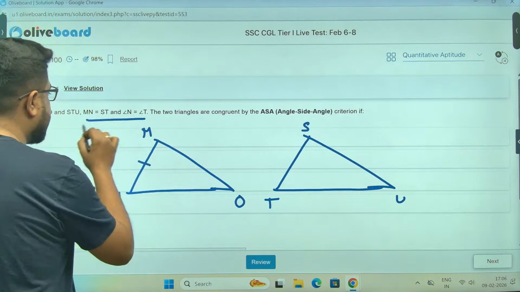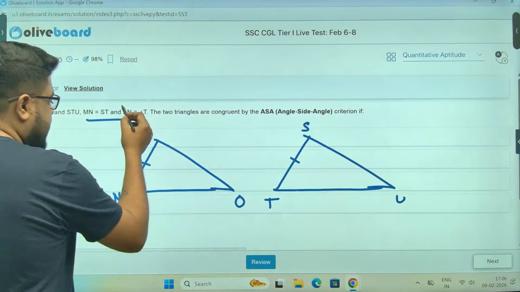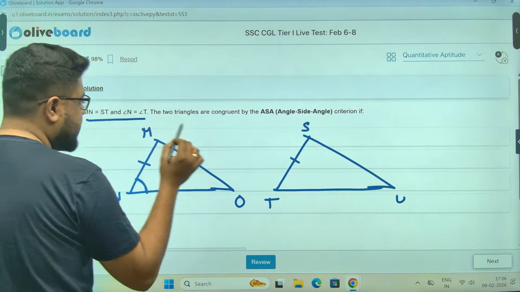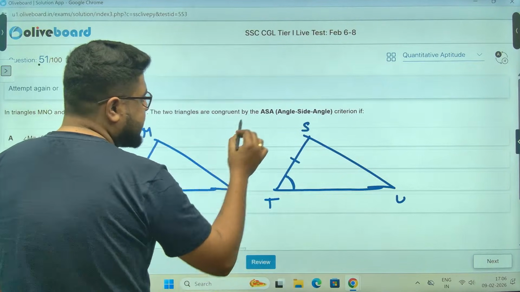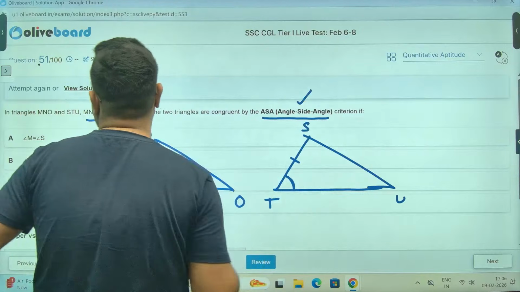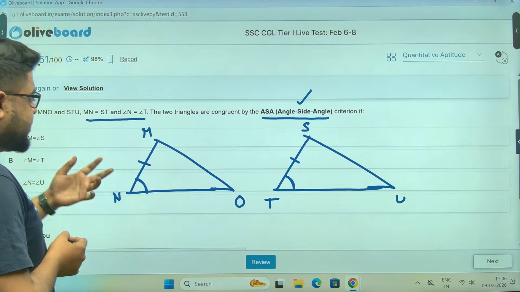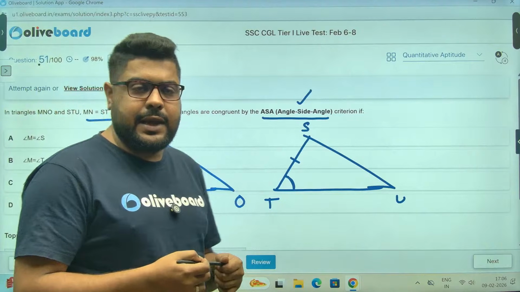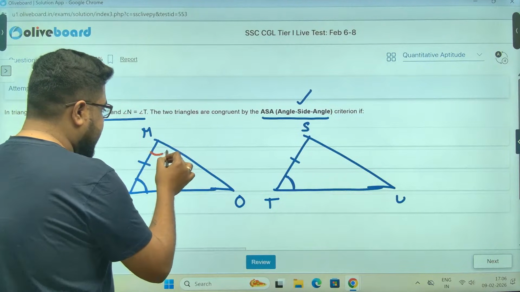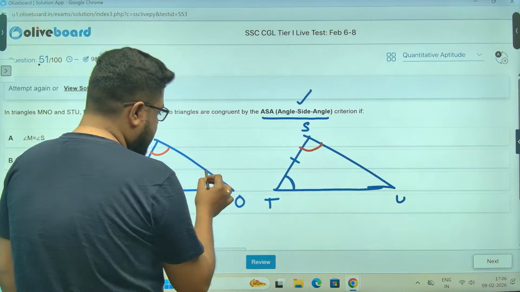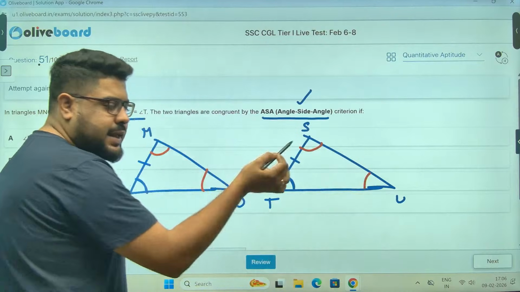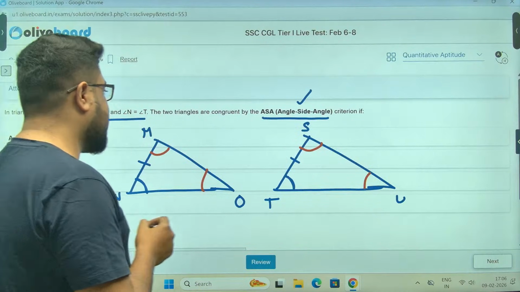MN is equal to ST. Angle N is equal to angle T. I need to figure out the AA condition. In case of AA, it can be any other angle. One angle is given, N equals T, so it can be either M equal to S or O equal to U. Anything can be equal. Let's check the options.